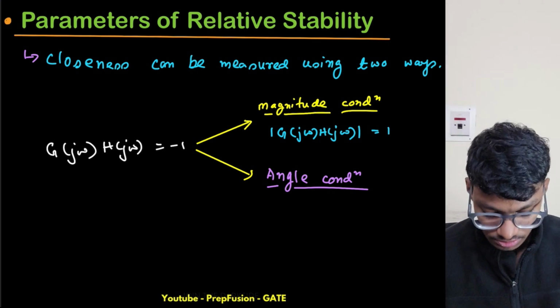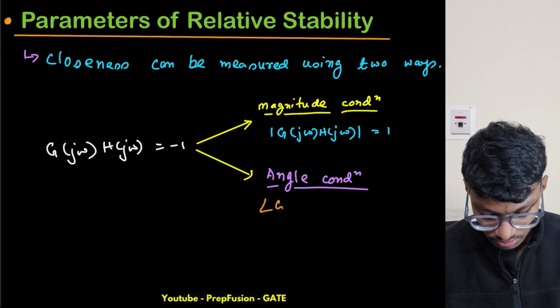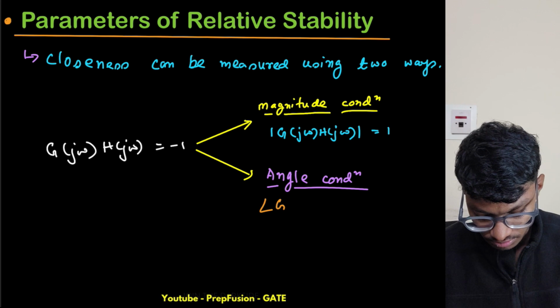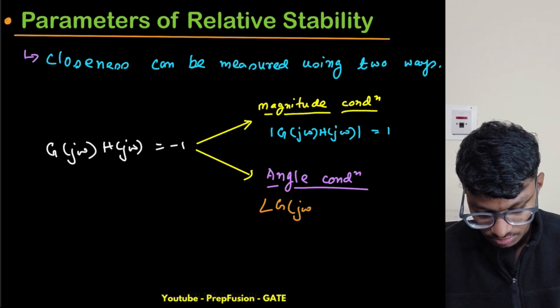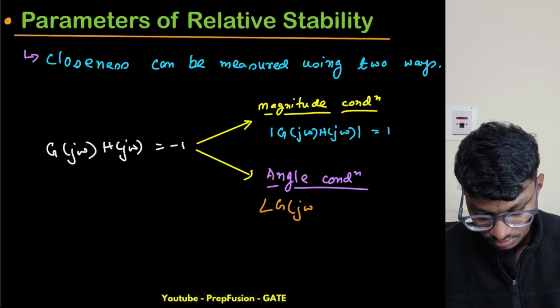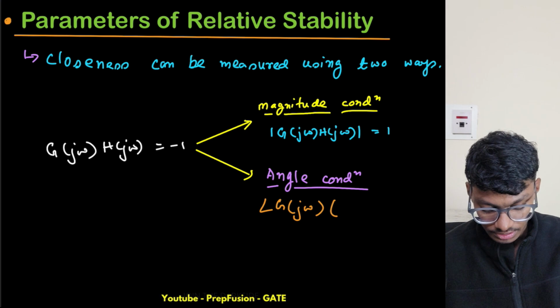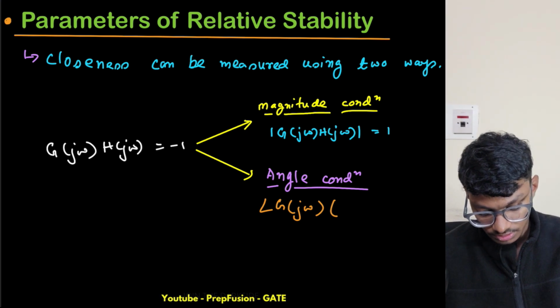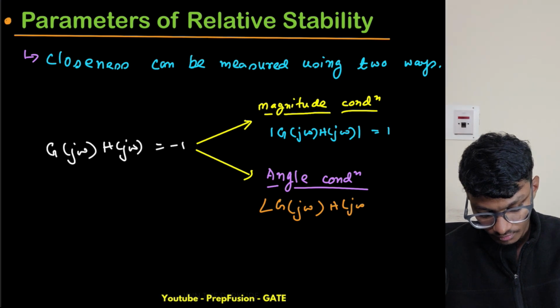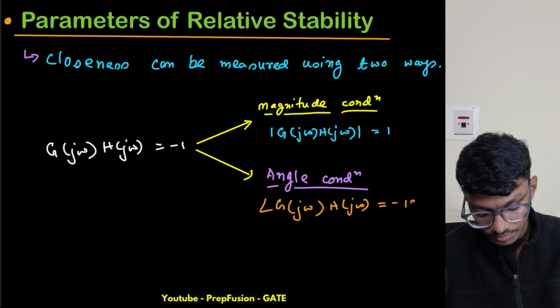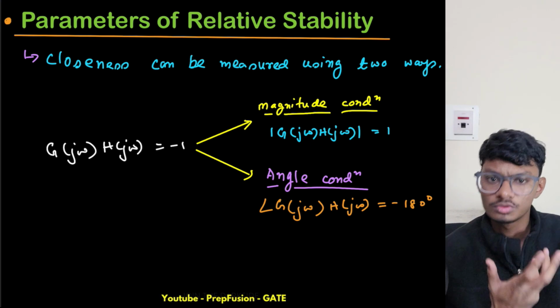The angle of G(jω)H(jω) at that particular frequency equals -180.